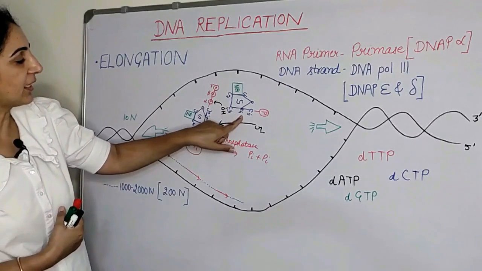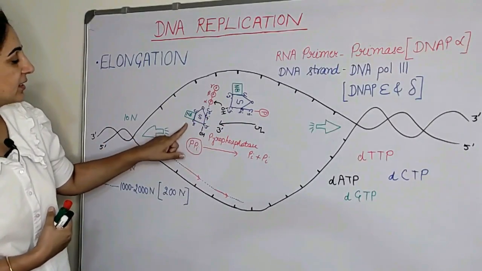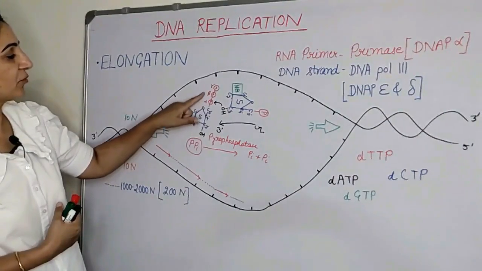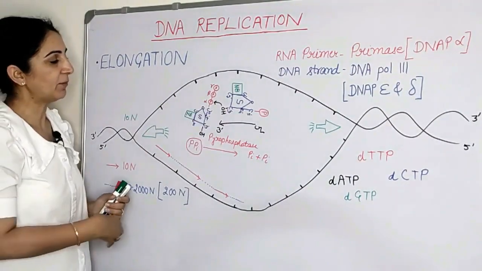This is the already attached nucleotide, and this is the new nucleotide which is coming as the raw material in the form of triphosphate. So what happens?